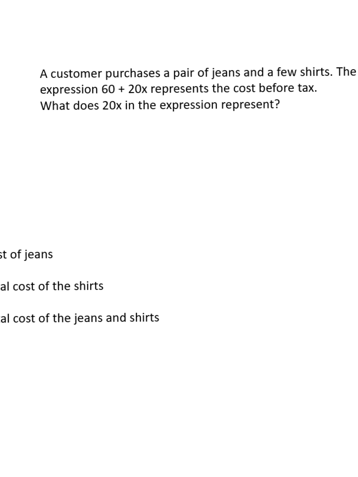A customer purchases a pair of jeans and a few shirts. The expression 60 plus 20x represents the cost before tax. What does 20x in the expression represent? So let's look at this expression. We're buying jeans and a few shirts.